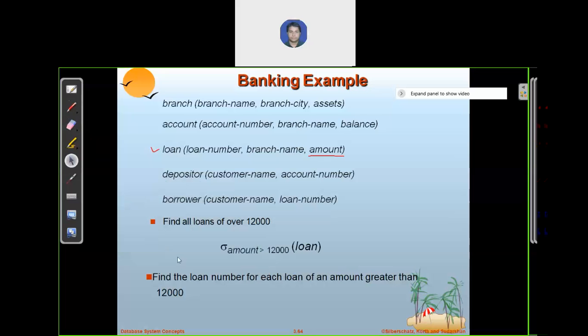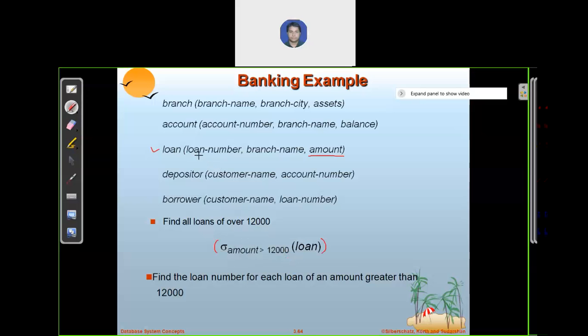The second query is: find the loan number for each loan of amount greater than 12,000. Means now it is asking for only the loan number. Give me the loan number of each loan of amount greater than 12,000. So first we have retrieved all the records of loans having amount greater than 12,000.